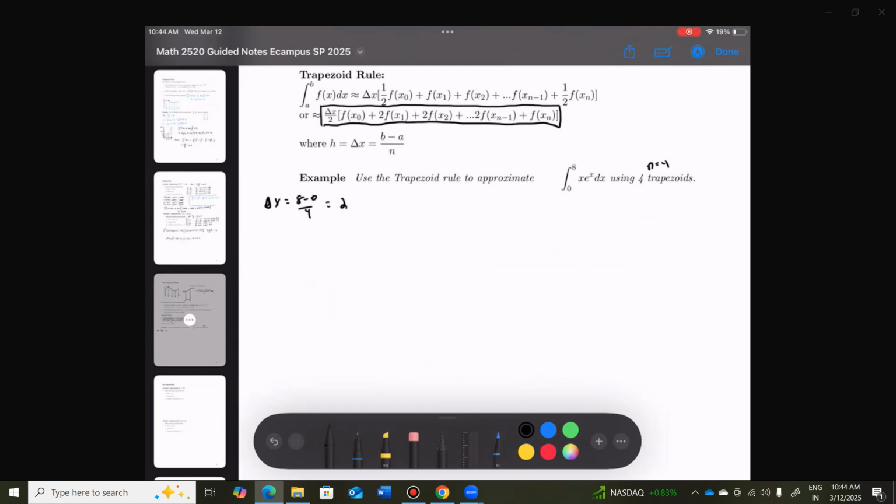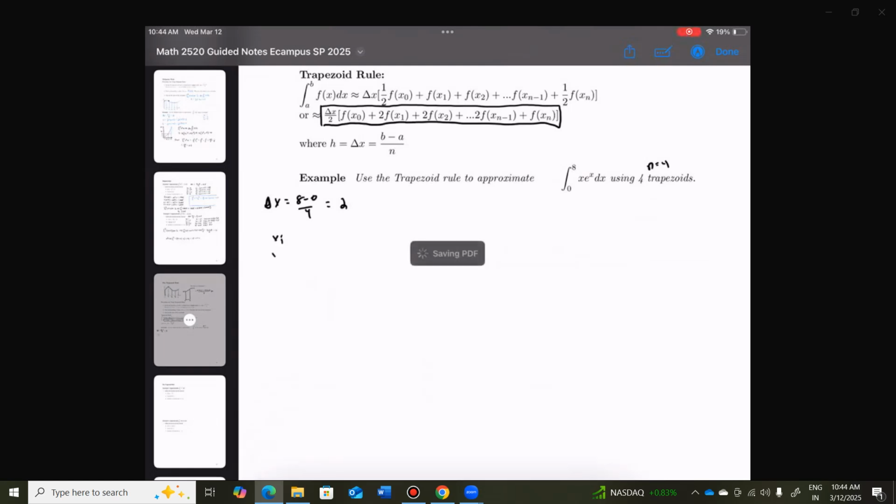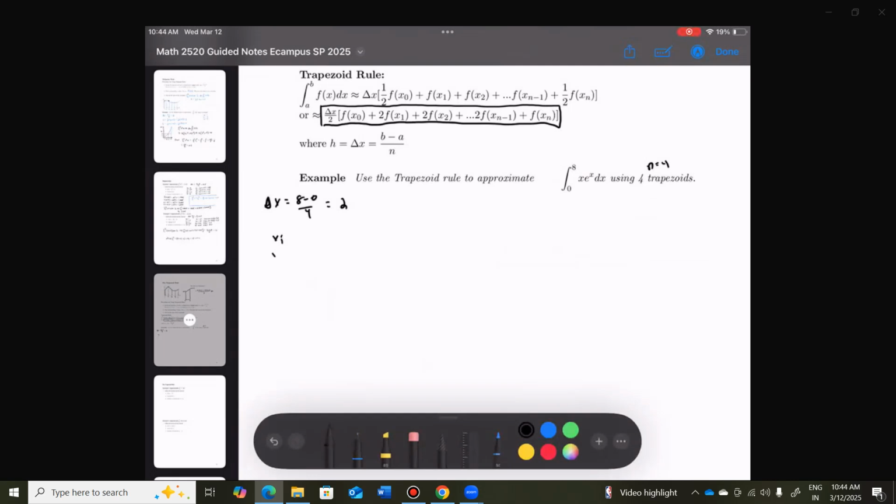And so your x sub i's, x sub 0, x sub 1, x sub 2, all those. So x sub 0 will equal 0, x sub 1 will equal 2, x sub 2 will equal 4, x sub 3 will equal 6, and your last one, x sub 4 equals 8.